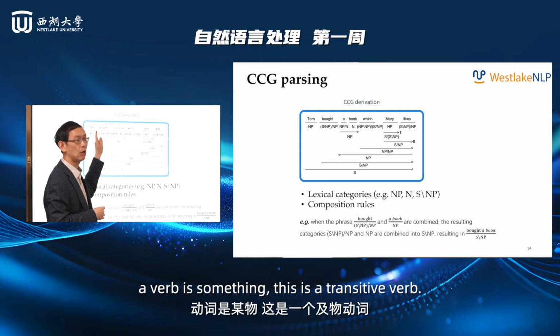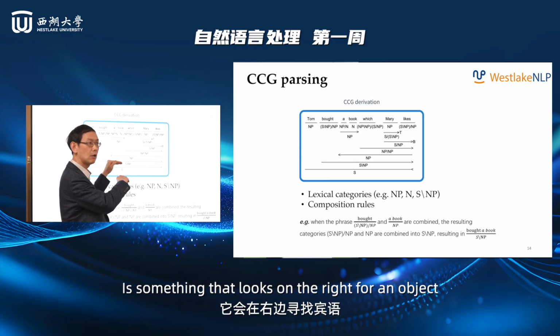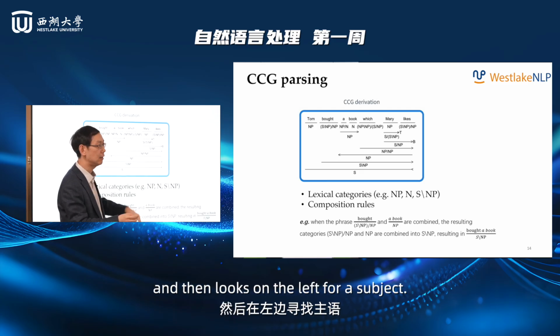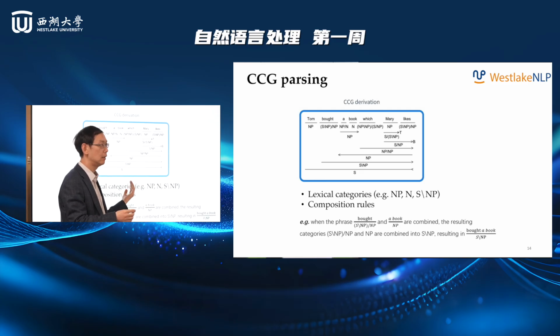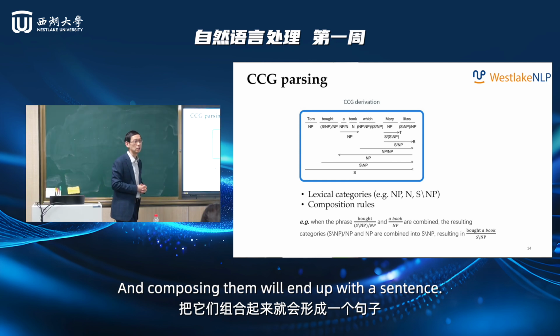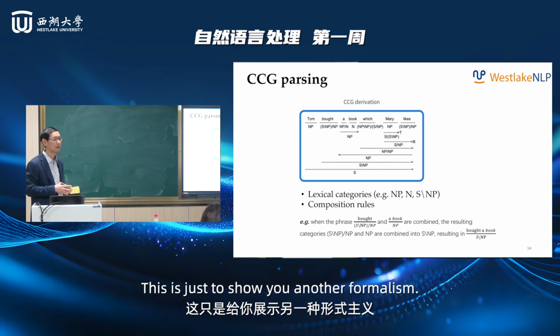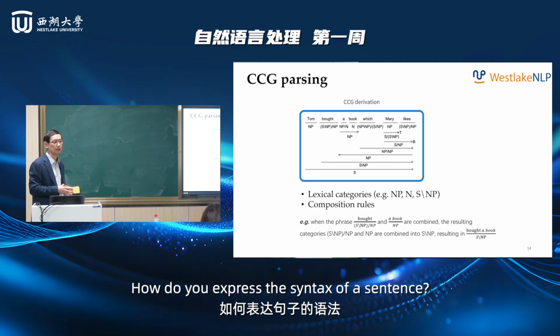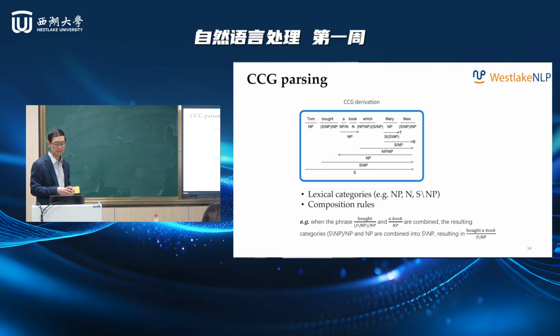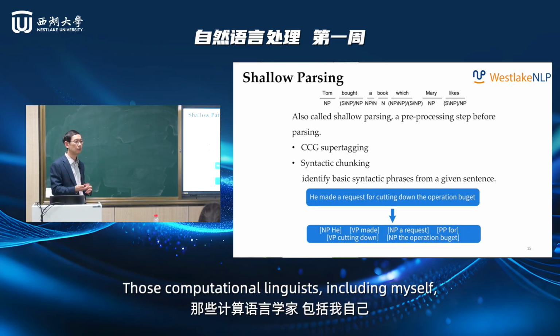So a transitive verb is something that looks on the right for an object and then looks on the left for a subject, and composing them will end up with a sentence, okay? All right, this is just to show you another formalism. How do you express the syntax of a sentence? And people have been studying algorithms to implement these parsers, those computational linguists, including myself, right?